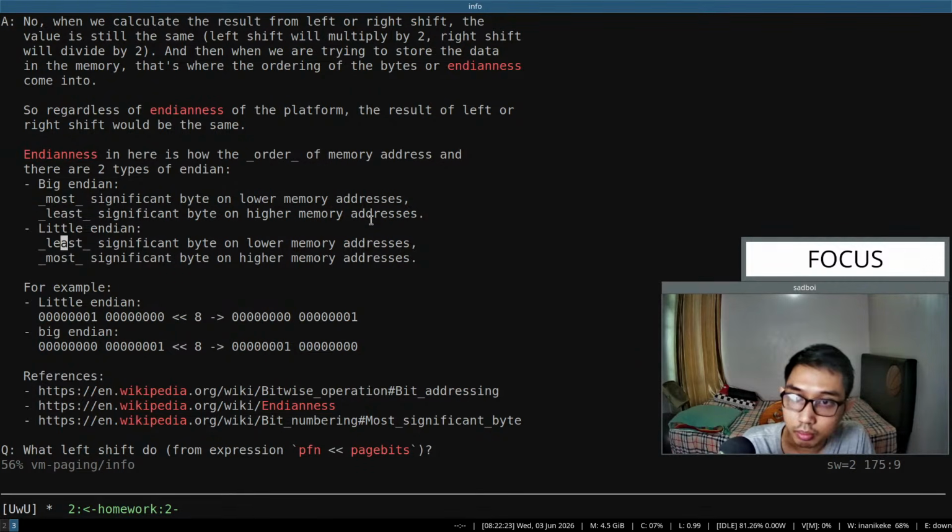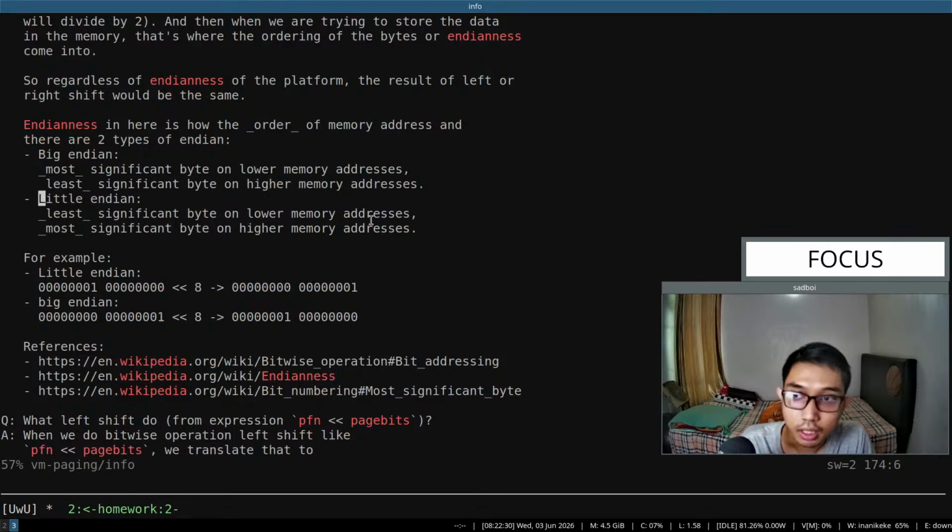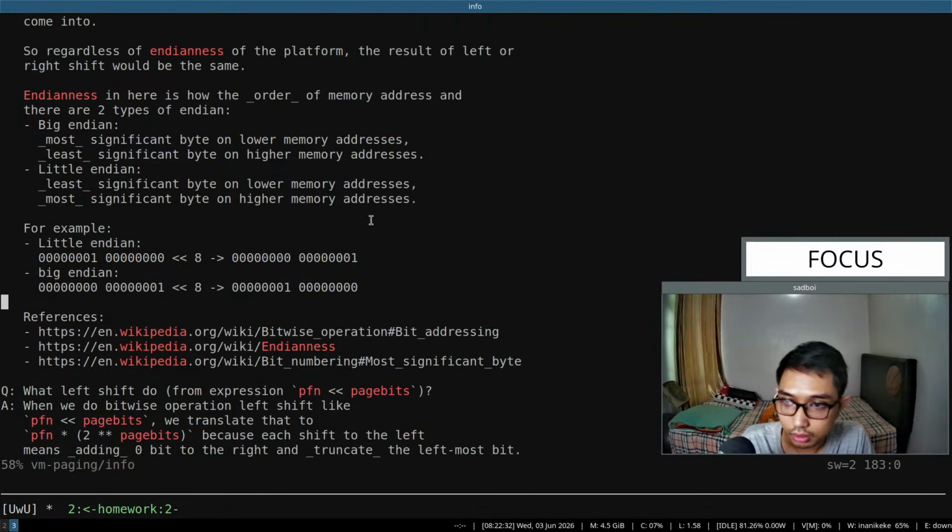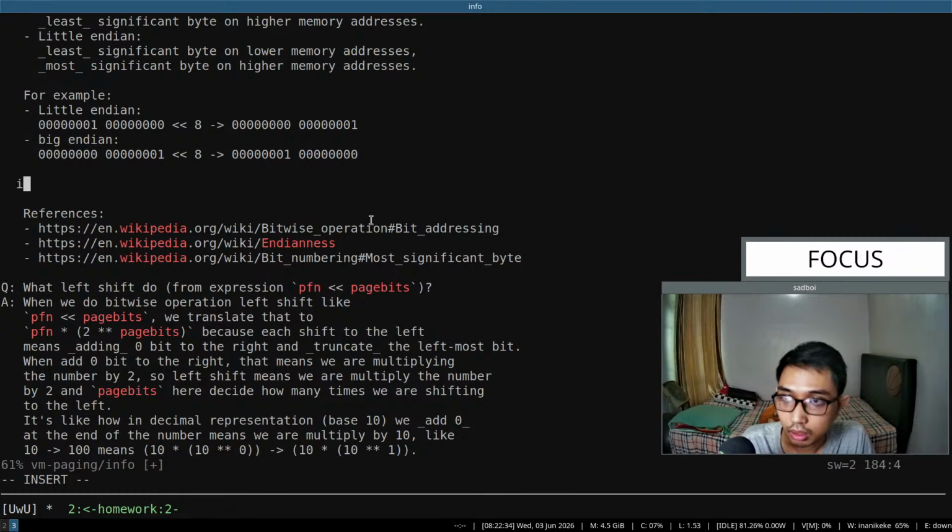I mean, what is it called? Is there any effect whether we use little endian or big endian?